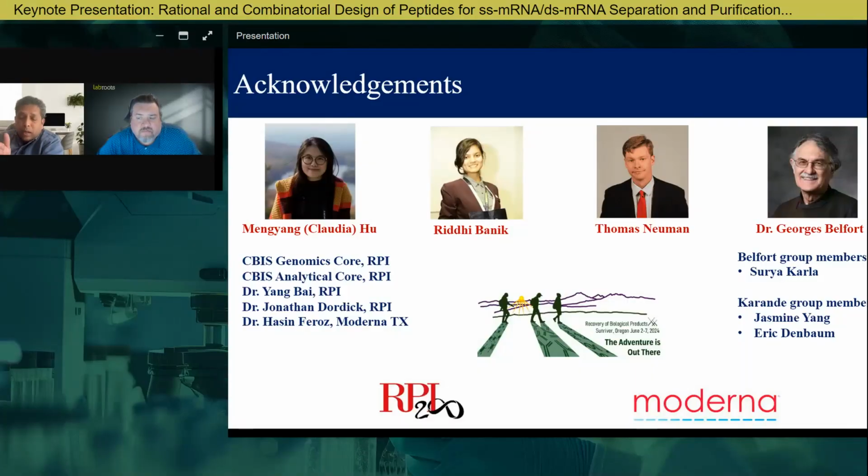Now, I didn't get a chance to talk about this, but we are submitting this manuscript soon, and we actually have shown how the peptide binds to the single-stranded RNA and how that mode of binding is actually different for a double-stranded RNA. There are specific physical features of the double-stranded that the peptide exploits by wanting to sit in a certain groove, which it can't find in the single-stranded.